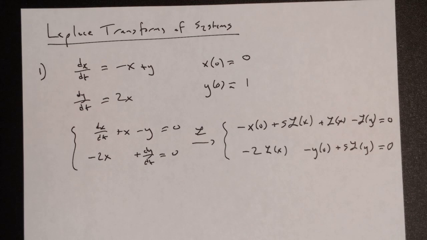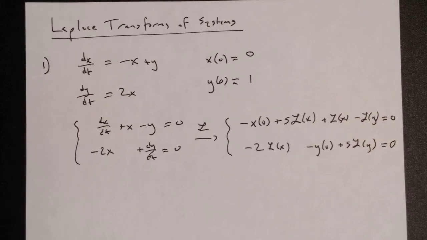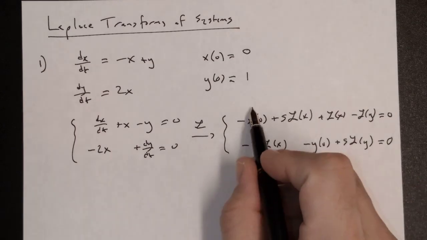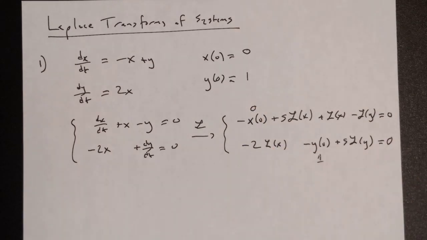Now, y of 0 is 1 and x of 0 is 0. So I'm going to simplify this into stuff with Lx and stuff with Ly and numbers. So y of 0 is 1, x of 0 is 0.